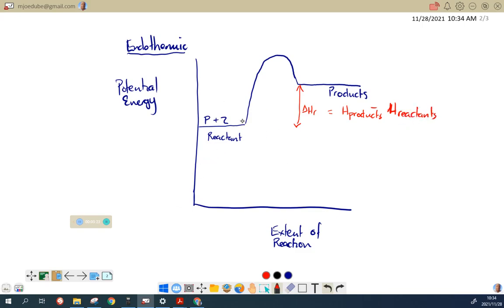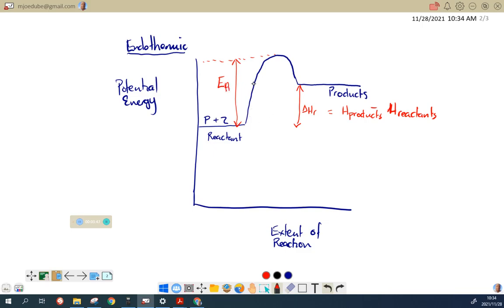We're going to discuss that as well. Remember that from the reactants right up to the peak of the activated complex, the difference between those is the EA. What is the EA referring to? EA is the activation energy.